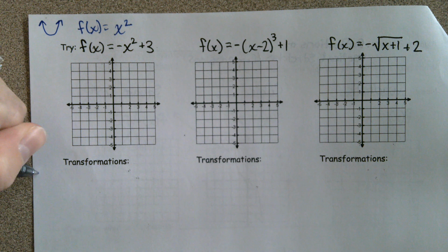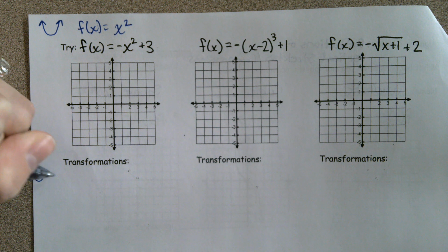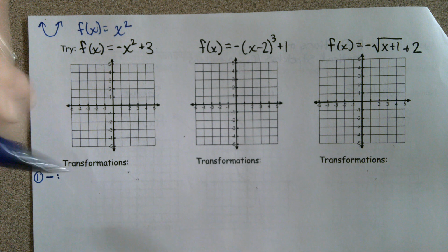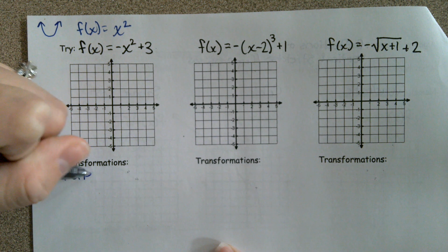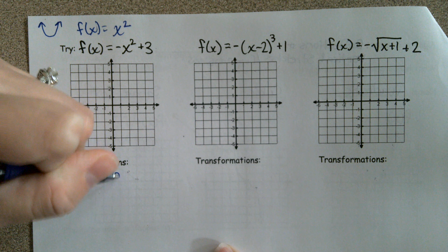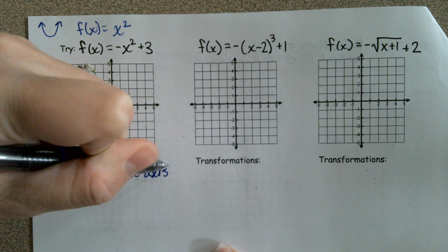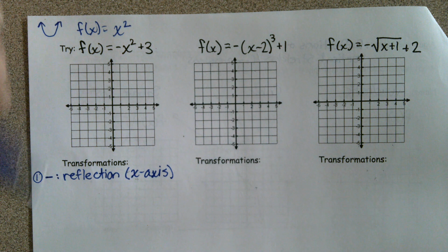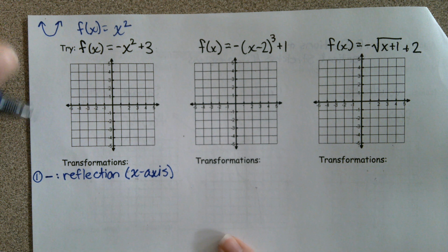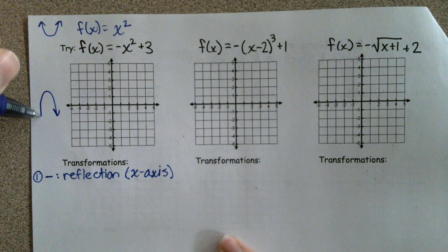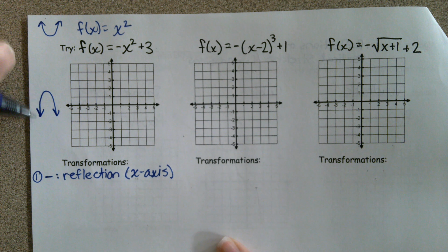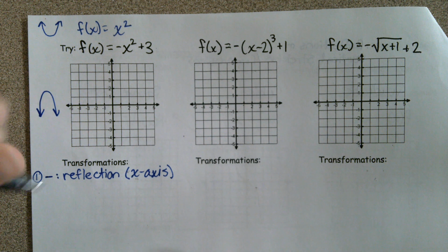There are 2 changes. First, we have a negative in front. That means reflection. Again, we do that over the x-axis. Since we're reflecting it, that means our U shape is actually going to be upside down. So this is the way our graph should look when it's done.